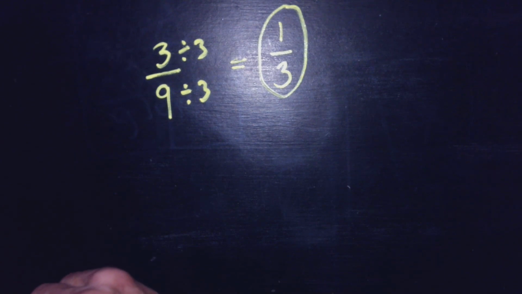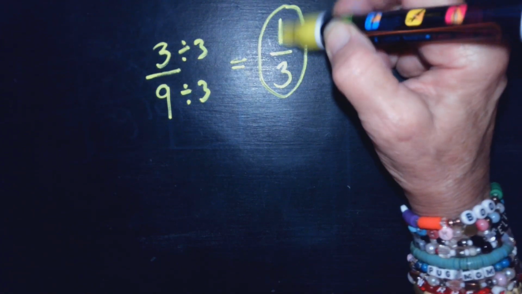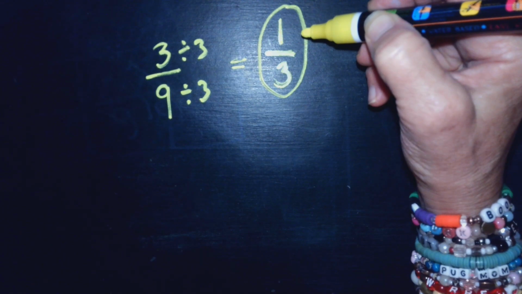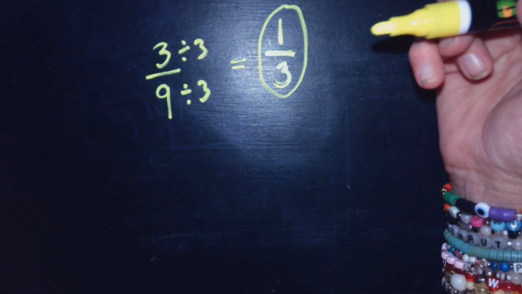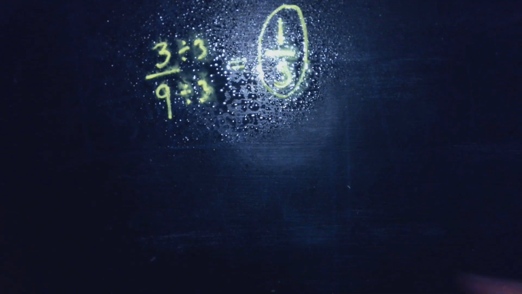However, if you want the simplified version, nothing would divide into the numerator and the denominator. Now, this is easy for some people, but I know it's not so easy for other people. And there is a simpler way to simplify fractions, and it does require the use of a multiplication chart.